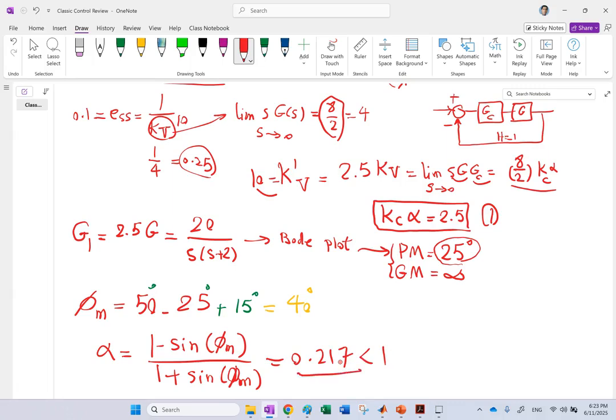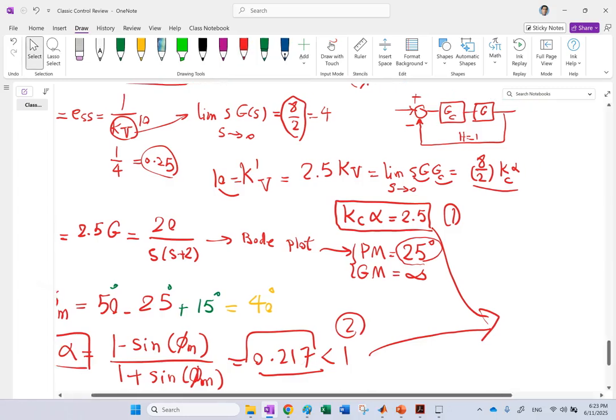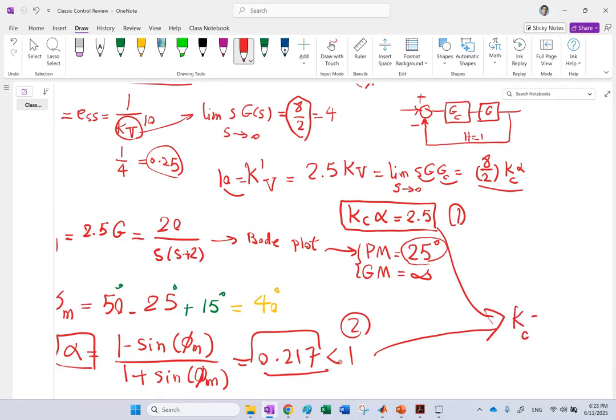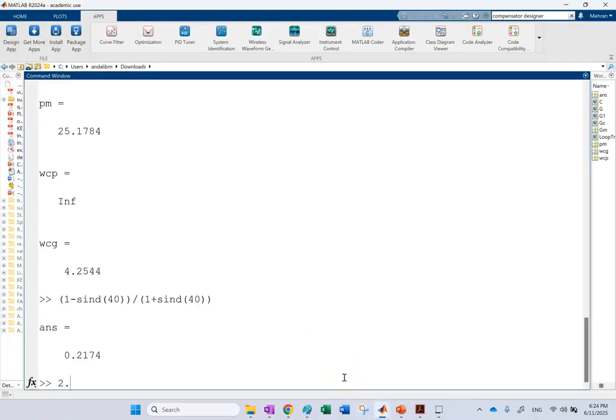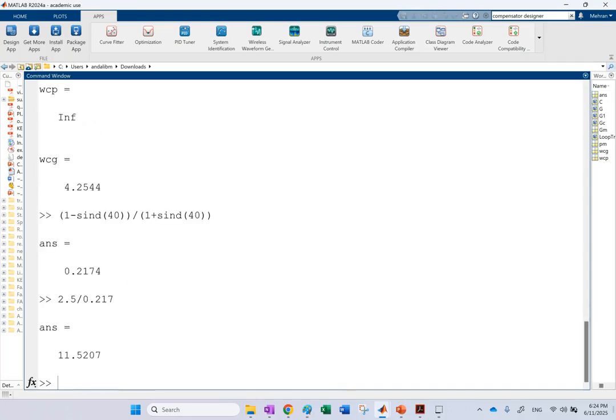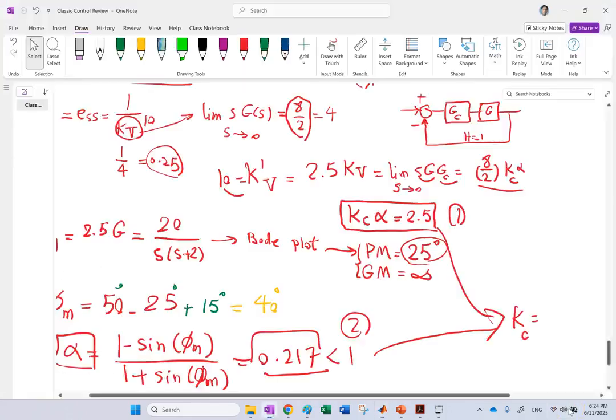So there we go, I found my alpha. And since I have alpha and I have alpha times Kc, that means I can find Kc as well. So Kc is going to be 2.5 divided by this alpha, and I can find that number as well. So here we go. It's 11.521.